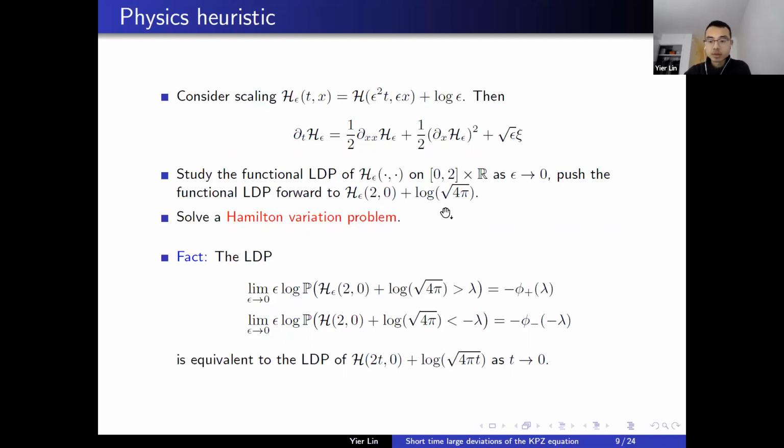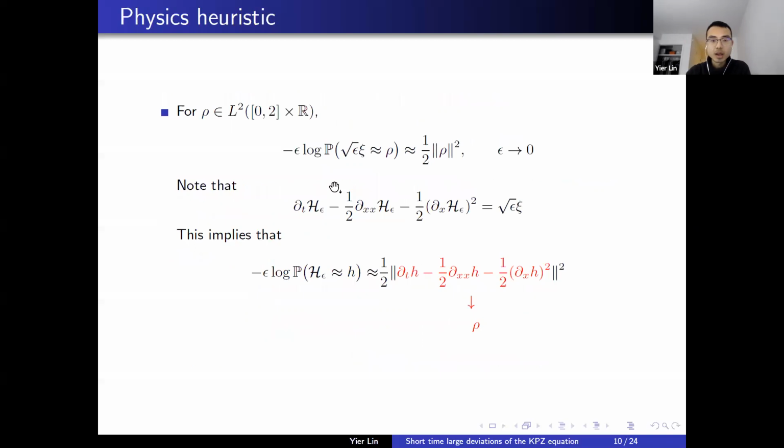Okay, so let me explain first how to derive a functional large deviation. These are just at the heuristic level. So first, you look at your space-time white noise multiplied by root epsilon. A well-known result will tell you the probability of this space-time white noise times root epsilon to stay around some L2 function.